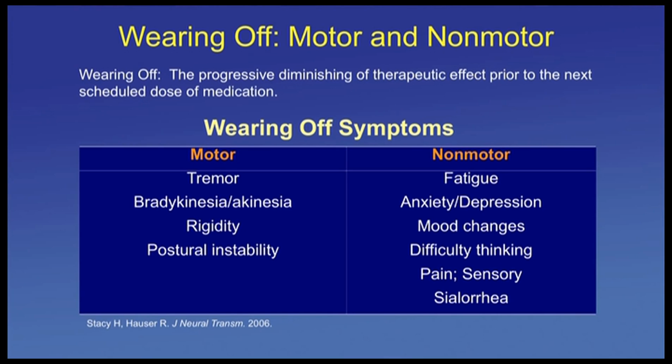And we have the motor offs, and they're tremor, bradykinesia or akinesia or slowness, rigidity, and postural instability. But this is an example where the patient takes their medicine. L-DOPA has a 90-minute half-life, and it starts to wear off in effectiveness, and before the next dose, they get any of these symptoms.